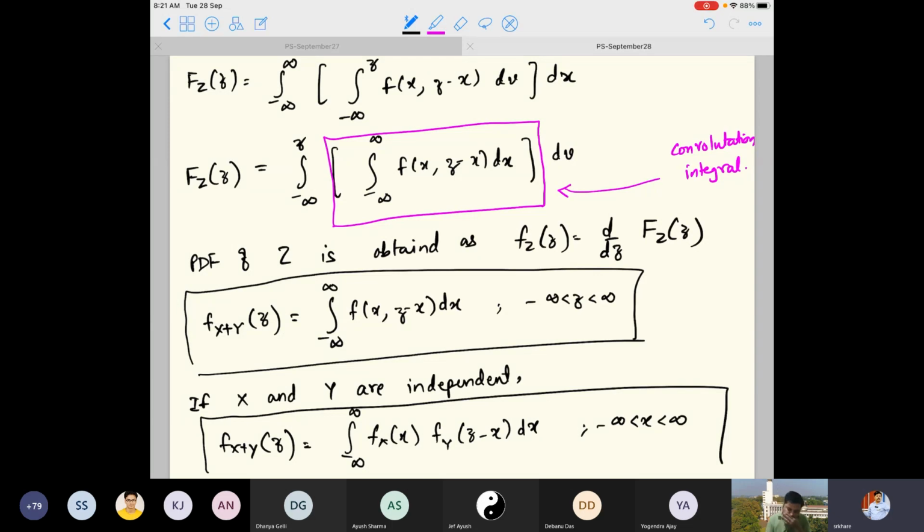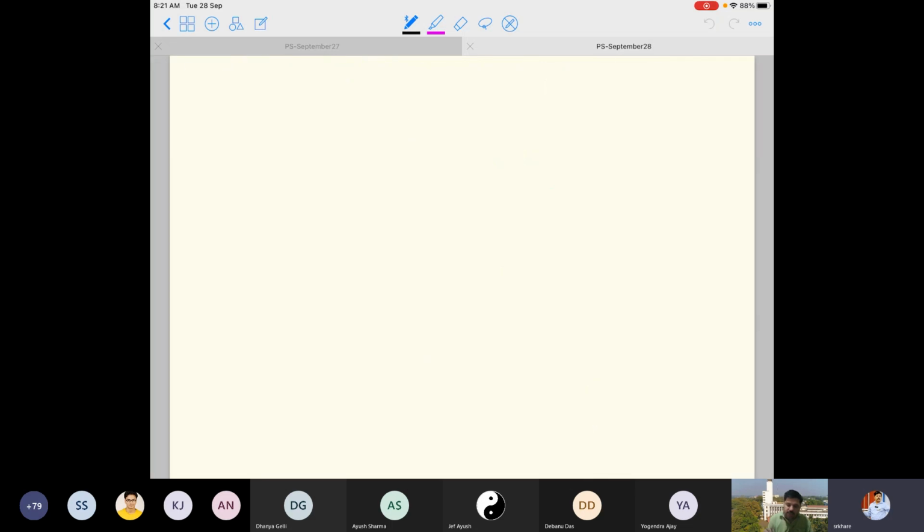One more interesting thing that you can observe from here, like we observed in the discrete case, is that if X and Y both are non-negative, then obviously their sum will be non-negative, and then you don't need the limit from 0 to infinity.